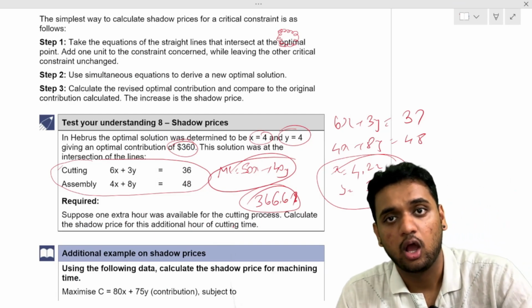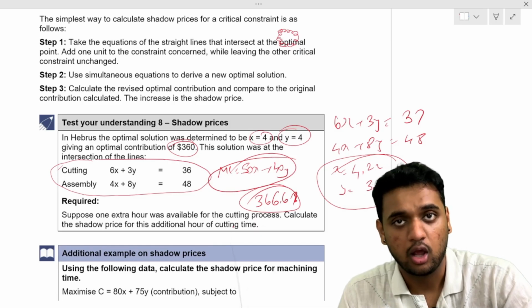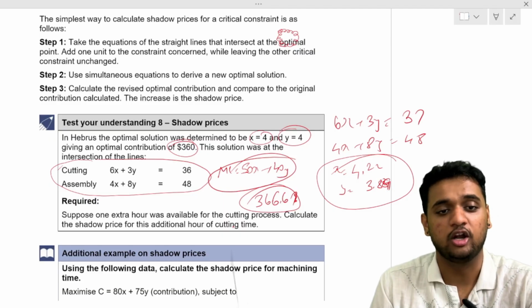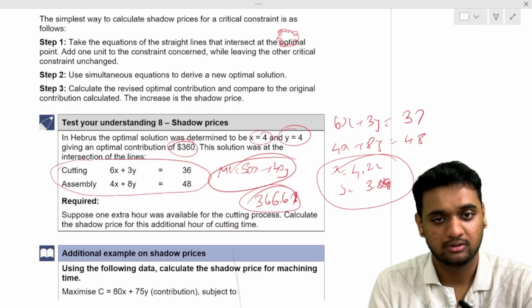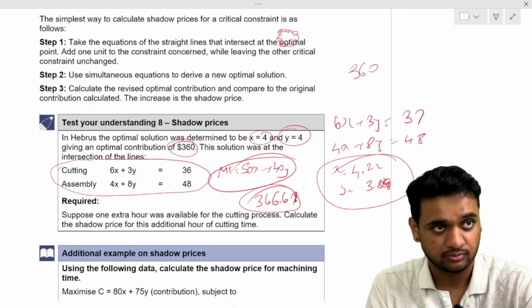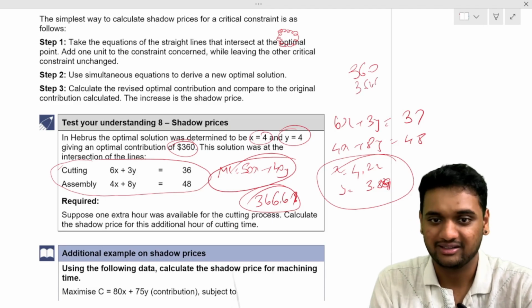Listen. How much contribution were we getting earlier? 360. How much contribution are we getting now? 366.67.